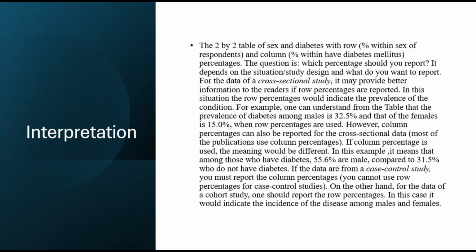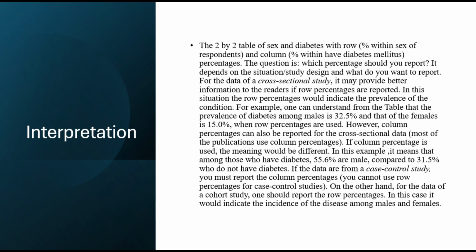However, column percentages can also be reported for the cross-sectional data. Most of the publications use column percentages. If column percentage is used, the meaning would be different. In this example, it means that among those who have diabetes, 55.6% are male compared to 31.5% who do not have diabetes.